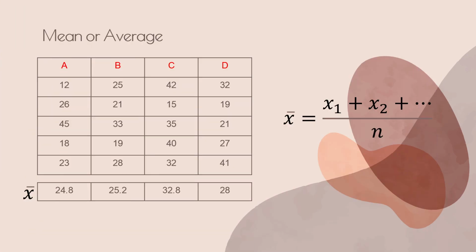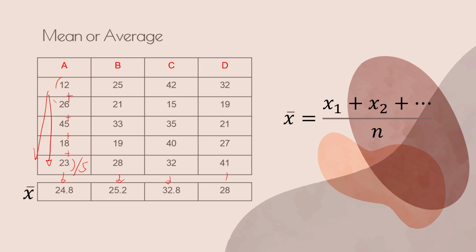So here are four example problems for our mean or average. We take our average by column, simply add them all, and then divide by the number of observations, which is 5, and then we get our mean at the bottom.